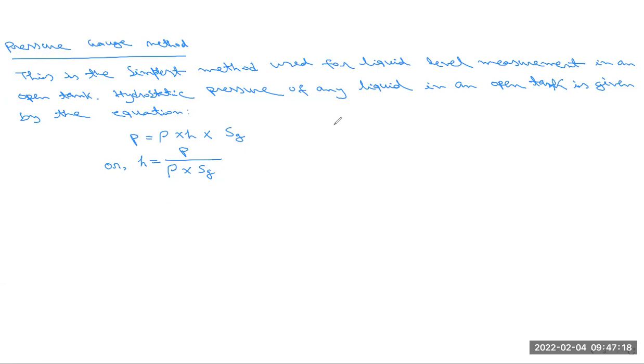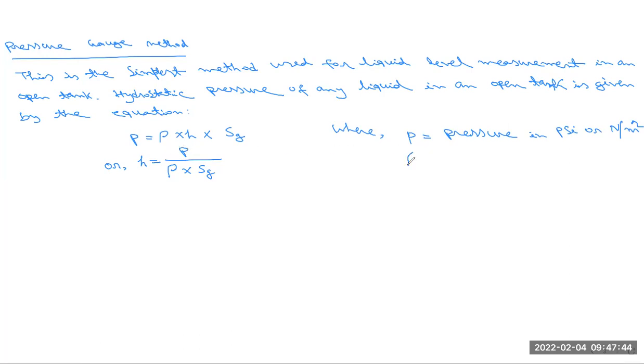Where P is the pressure in PSI unit, or we have to measure in Newton per meter square. So P is basically the pressure of the liquid.